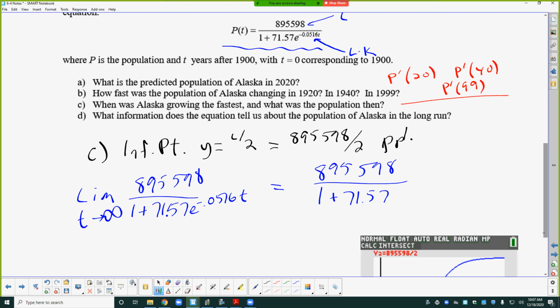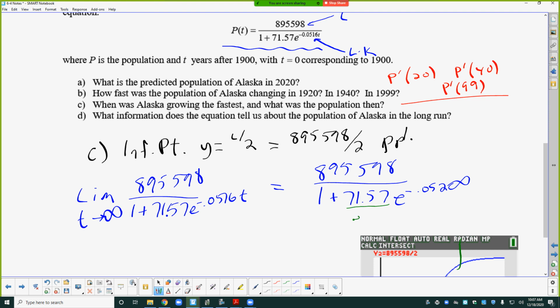Now, e to the negative infinity could be written as e to the positive infinity in the denominator, but only in the denominator of that fraction, not of the factor.